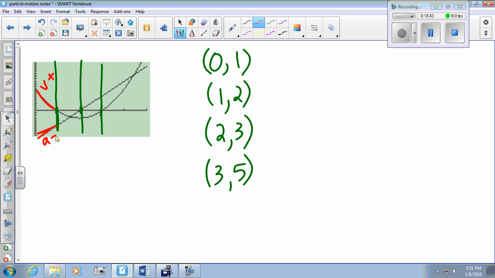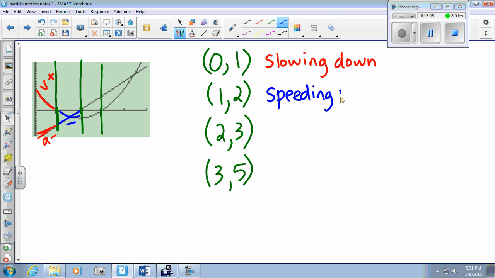If they are opposite signs, then the particle is slowing down. From 1 to 2, however, they're both below the axis, so both velocity and acceleration are negative. If they're both negative, they're the same sign, then your particle is speeding up.